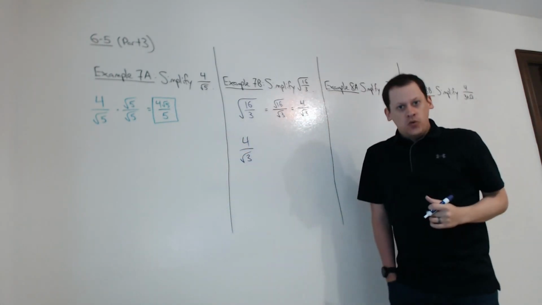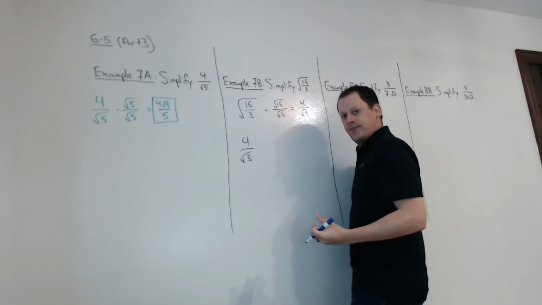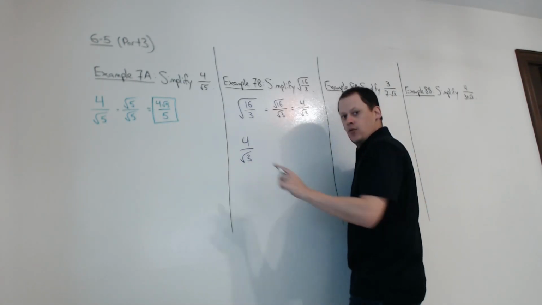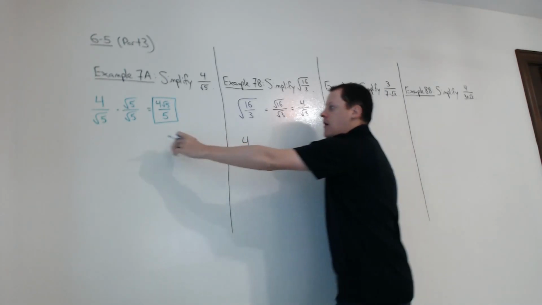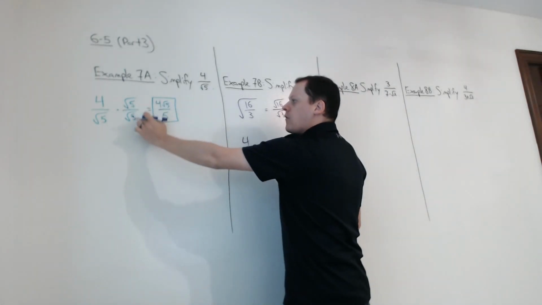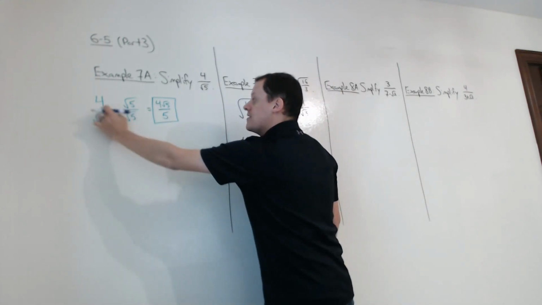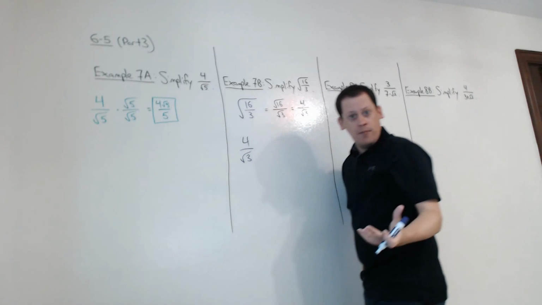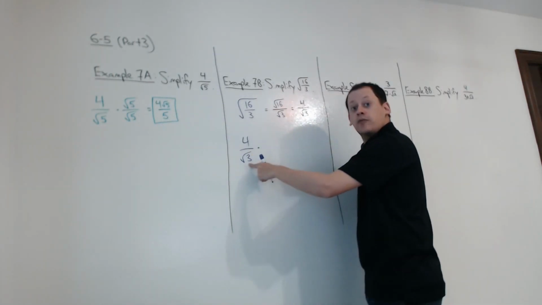And what are we going to do with that to get this root out of the bottom? We want to do something like we did over here. These square roots of 5 came from here. So whatever is on the bottom, that's what we're going to multiply by on the top and bottom. So this time it's going to be the square root of 3.